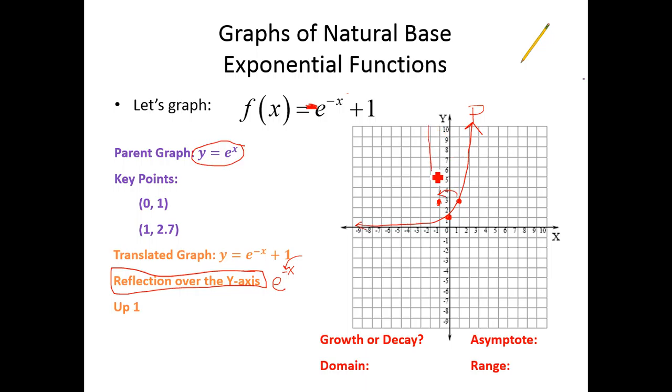You did a lot of reflections in geometry as well. So this is my flipped over version of my parent function, to take care of this negative x business. Then I need to move him up 1. So I take this function where I'm at right now, and each of the 2 points I have on here, I'm going to move up 1.